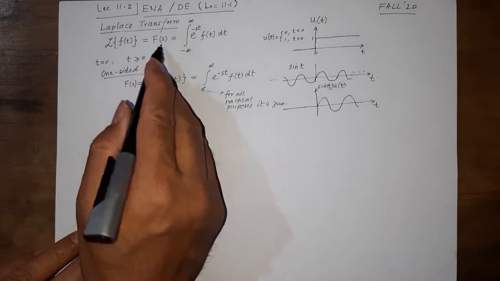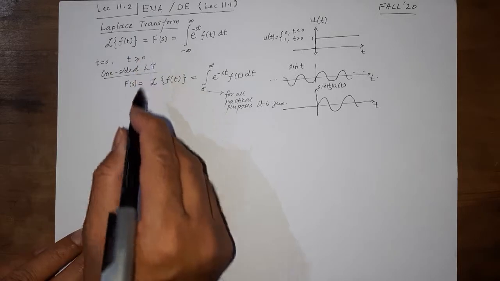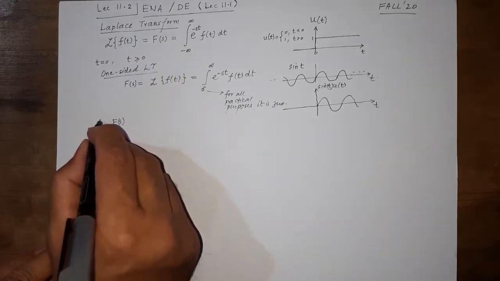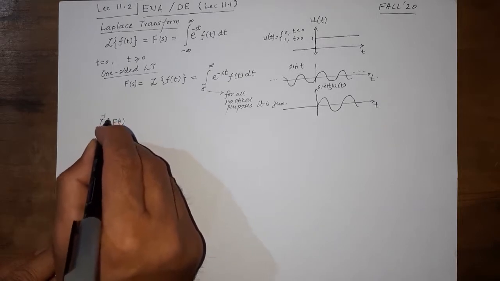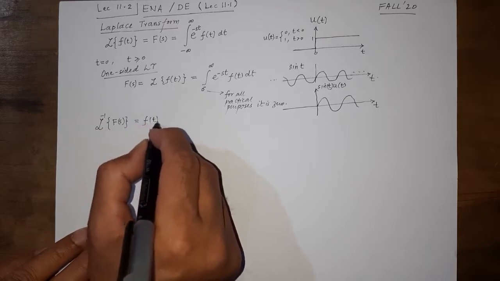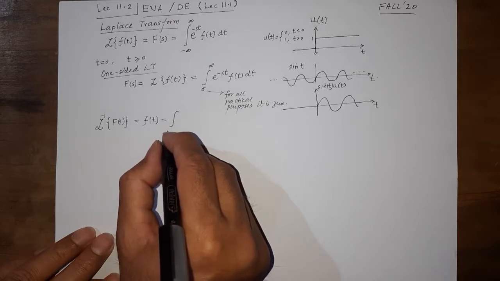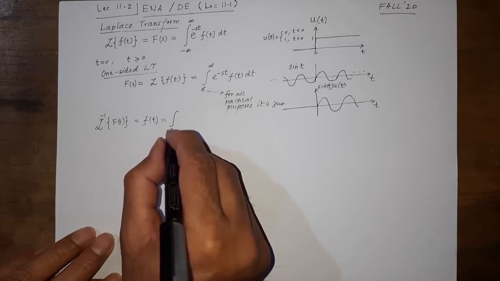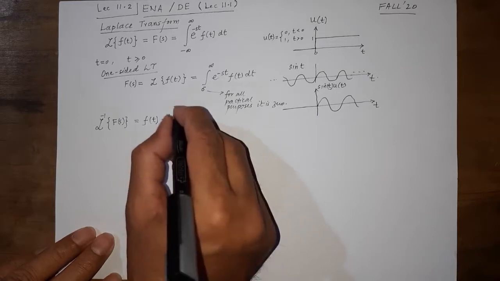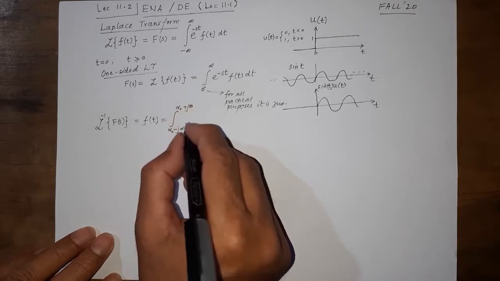Once we know the Laplace transform of f of t, that is F of s, then by an inverse process, this F of s gets transformed back to f of t, and by definition it is solving an integral from some alpha naught minus j infinity to some alpha naught plus j infinity.